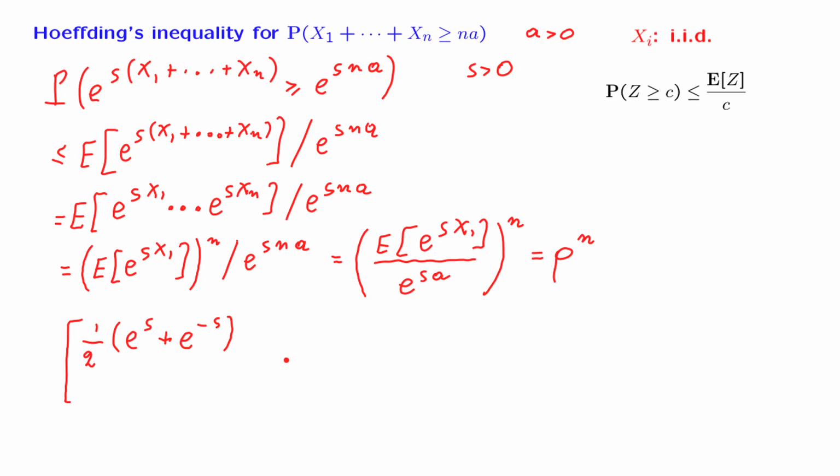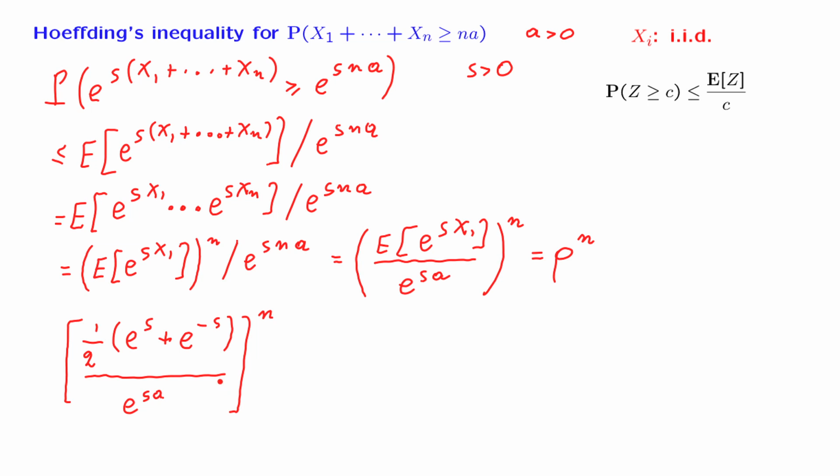So this is the expectation in the numerator, and we write again the term in the denominator. And we have all this to the power n. If we can choose s so that this quantity is less than 1, we will have achieved our objective.